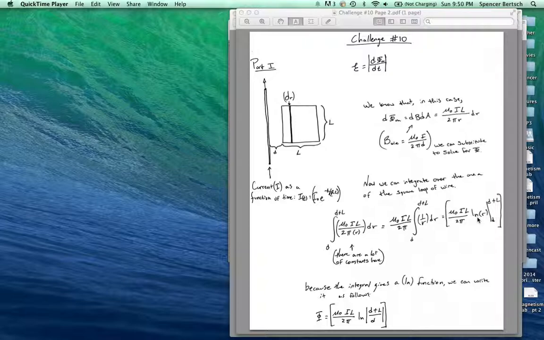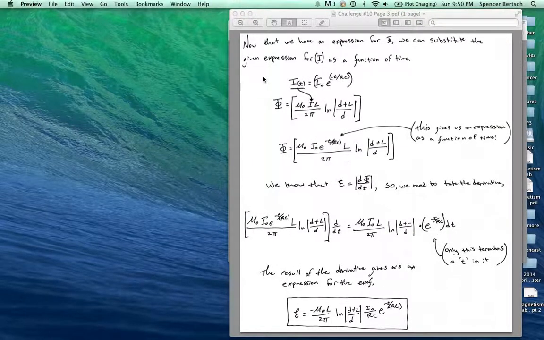Between d plus L and d, instead of writing ln(d plus L) minus ln(d), you can just write it like this. So the flux is equal to mu naught I L over 2 pi times the natural log of (d plus L) over d, which is really nice because that's way easier to write.